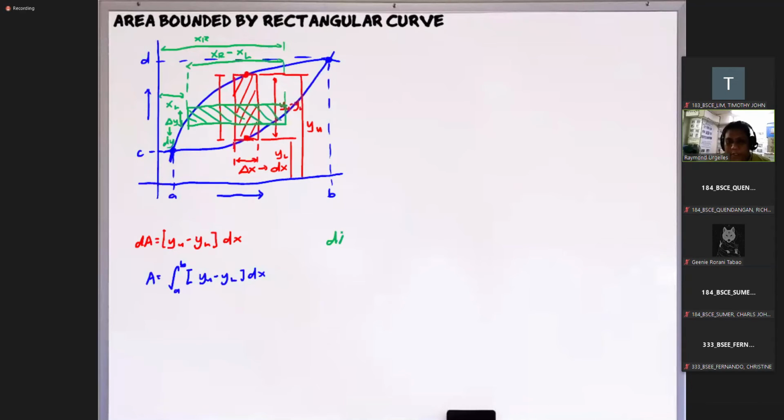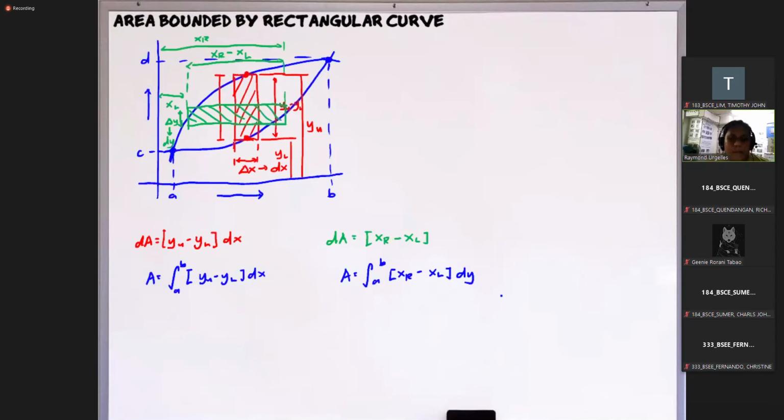So for a horizontal strip, dA will be given by x on the right boundary minus x on the left boundary. Then the area will be the integral of x on the right boundary minus x on the left boundary, multiplied by dy.